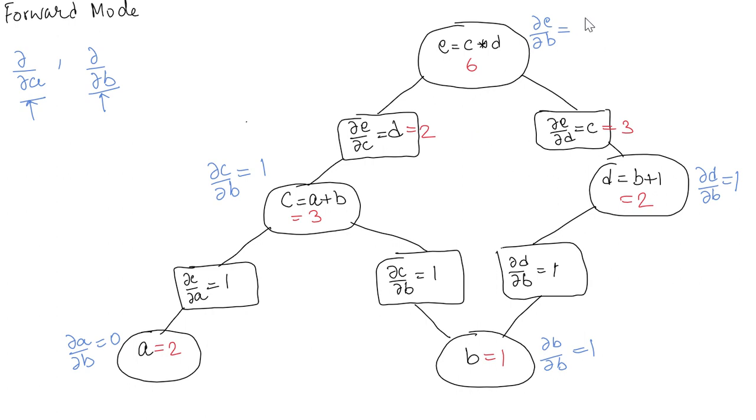From the chain rule, what we know is this can be simply denoted as, since C is 3, 3 times ∂D/∂B, which is 1, plus D is 2, 2 times ∂C/∂B, which is 1. This will be 5.